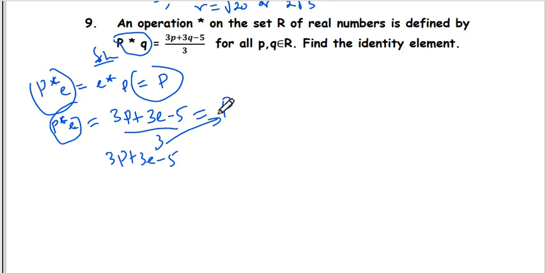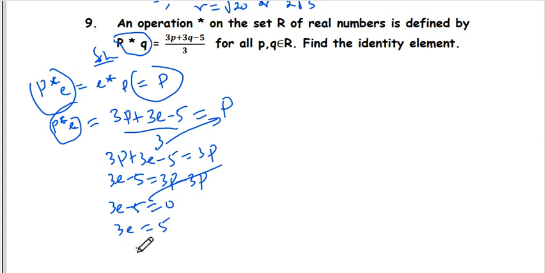Cross multiply is equal to 3P. So 3E minus 5 is equal to 3P minus 3P. Collecting like terms, that's 0. 3E minus 5 is equal to 0. 3E is equal to 5. E is equal to 5 over 3. So the identity element is 5 over 3.